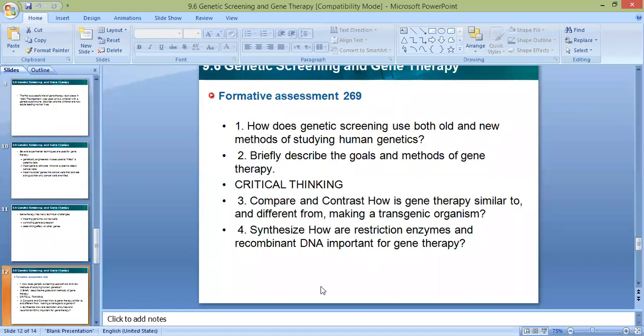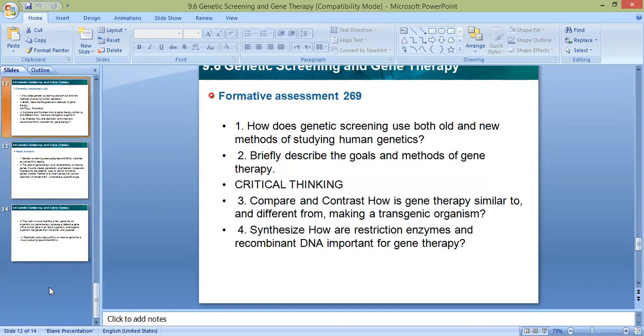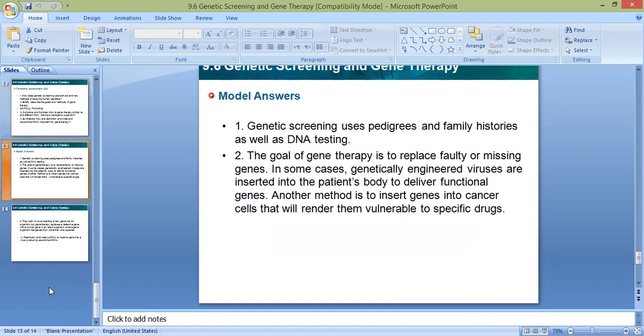Miss, I can. Genetic screening uses pedigrees and family histories as well as DNA testing. برافو عليك. يعني أنا عندي genetic screening use both the old and the new methods of studying human genetics زي ما قلنا هون عندي البيديجري family histories برضه DNA testing.